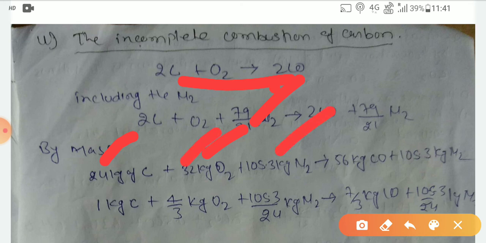In the same way, 105.3 kg of nitrogen, to form 56 kg of carbon monoxide. So on the basis of 1 kg of carbon, 4/3 kg of oxygen reacts to give 7/3 kg of carbon monoxide.